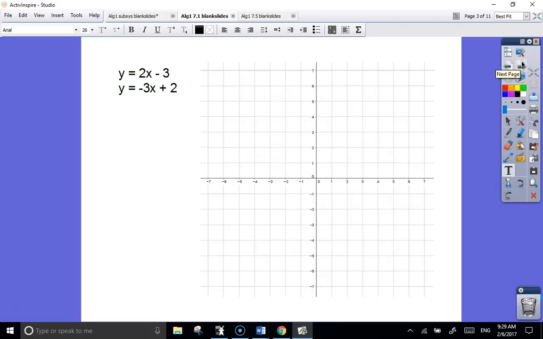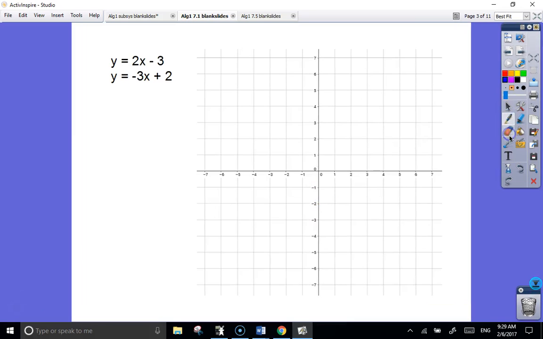So for example, let's just remember what it means here to solve by graphing. These two equations are a system, right? They're both in slope-intercept form. So to solve by graphing means, let me graph them both. The first one has a y-intercept of -3, so I graph the -3.